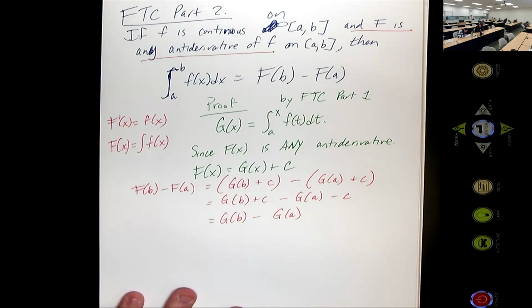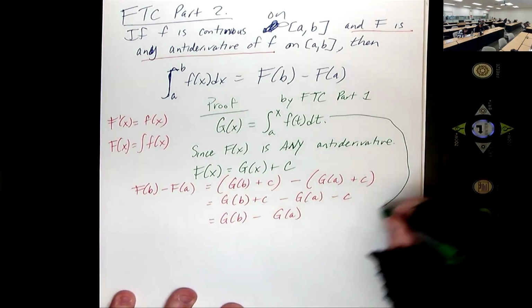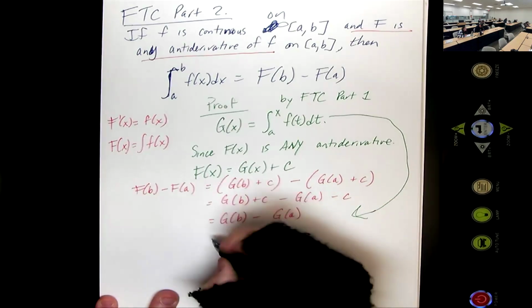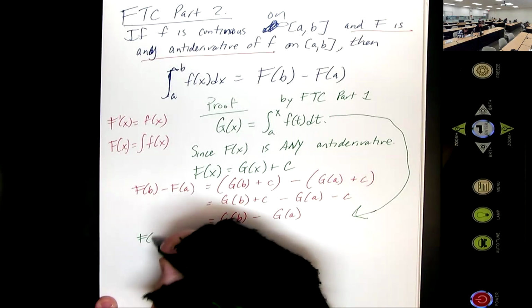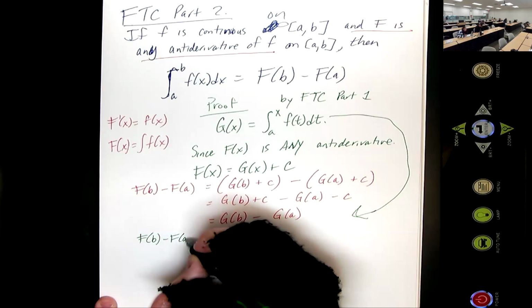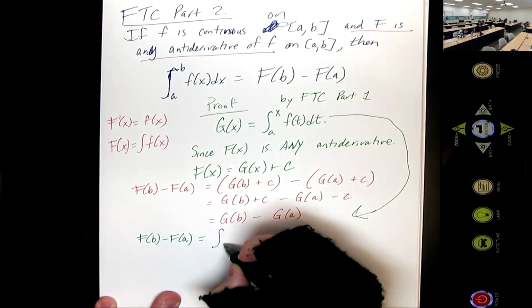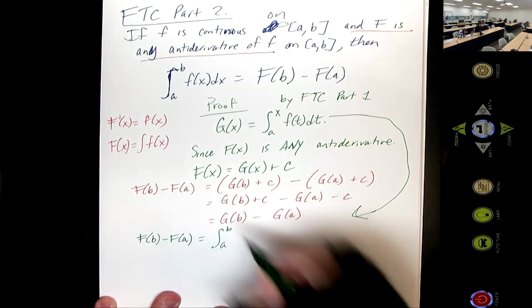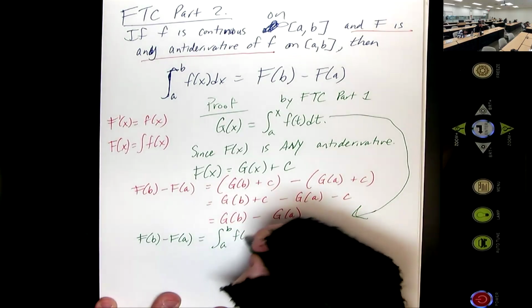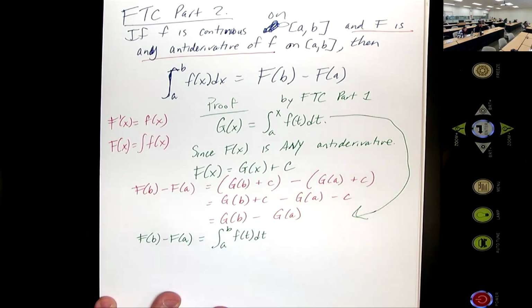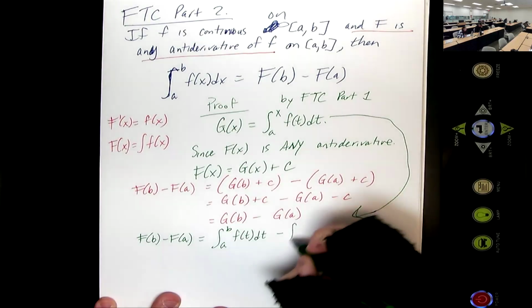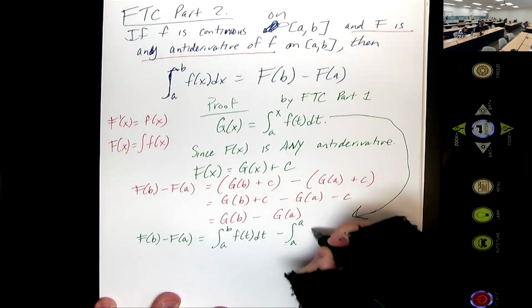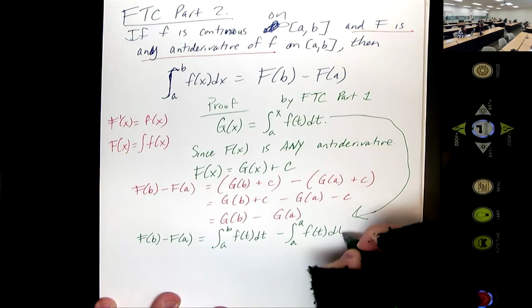But now we're going to use the definition of G of x. We have F of b minus F of a equals G of b, which is the integral from a to b of f of t dt, and G of a is the integral from a to a of f of t dt.